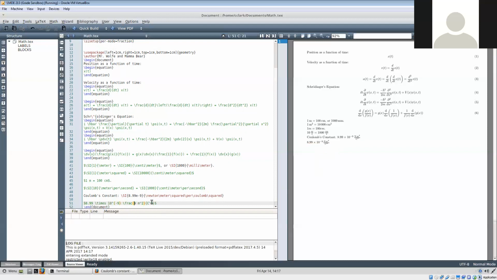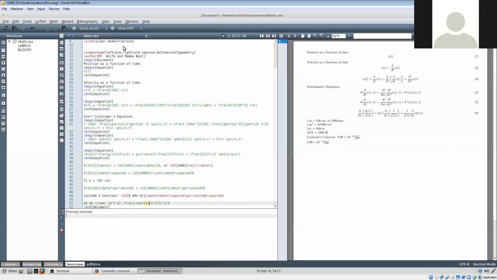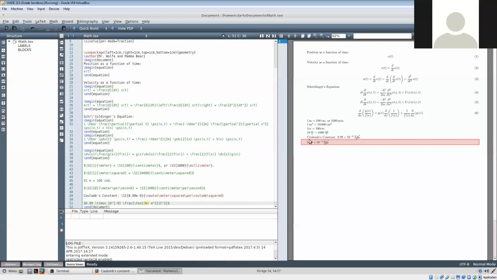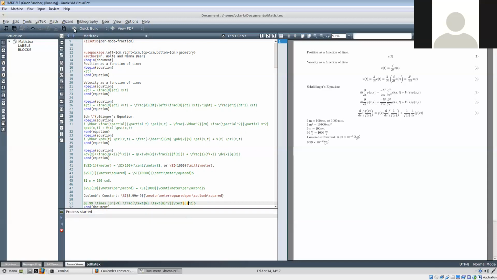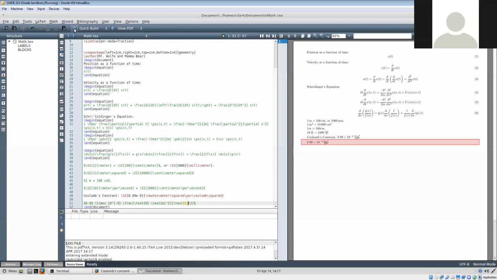So then I'd have to go through each one of these and wrap them in a text command, which then unitalicizes them, puts them in text mode instead of math mode. So this is just a giant hassle, honestly. So I either do that, or I just learn how to use the siunitx package. Don't worry about how to format units ever again.